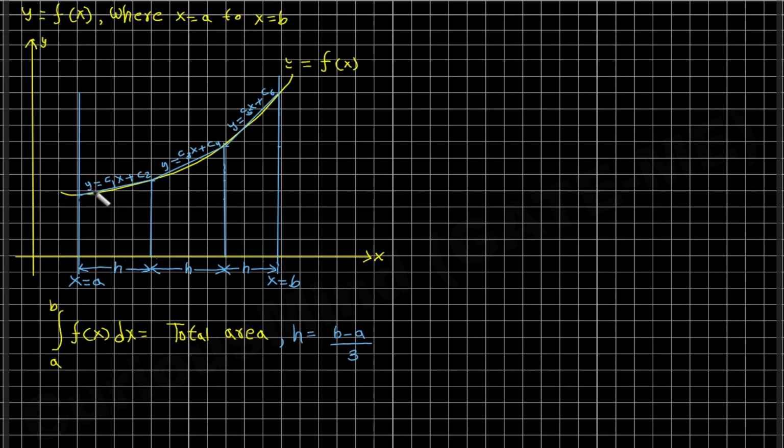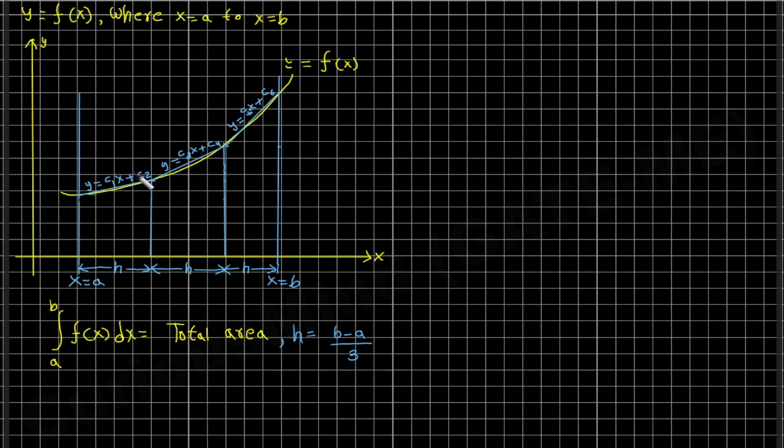So we can approximate this curve y equal to f(x) into an inclined line with an equation given by this, and for this subinterval by this, and for this subinterval by this, where C1, C2, C3, C4, C5, C6 are all constants.